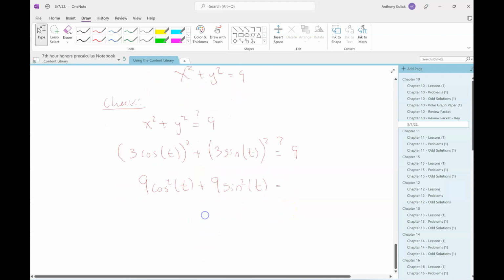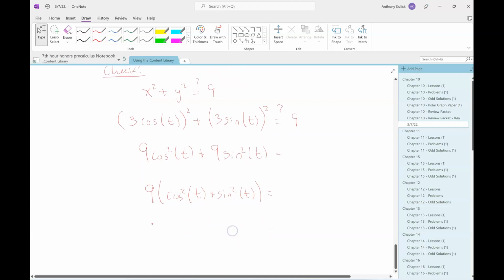What do you notice now? Well, I see that they both have coefficient 9, so I'm going to go ahead and factor that off. And John says the Pythagorean identity, cosine squared plus sine squared is 1, which is definitely equal to 9.